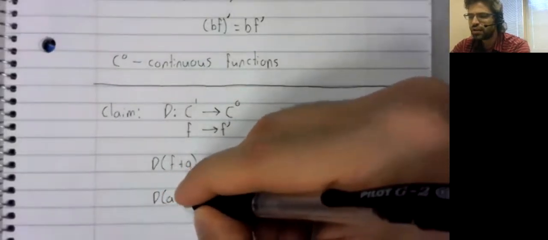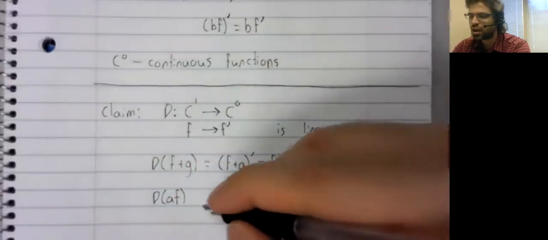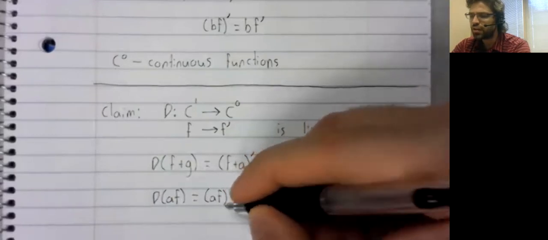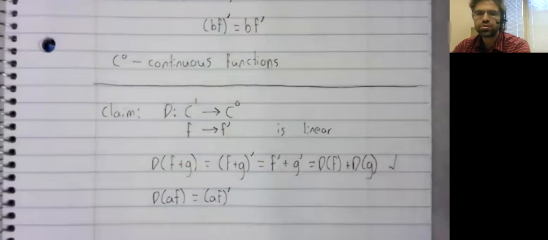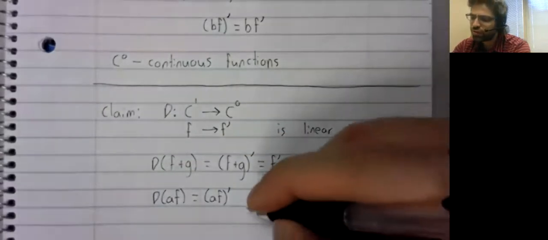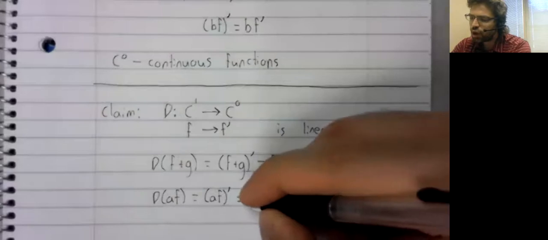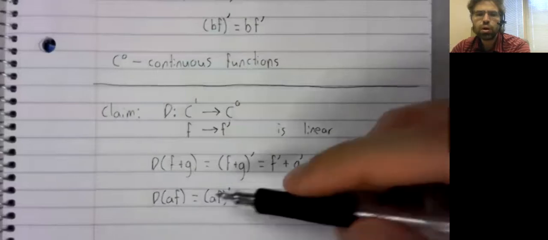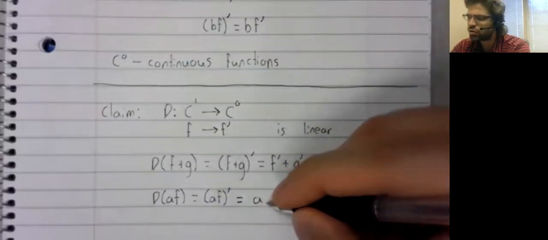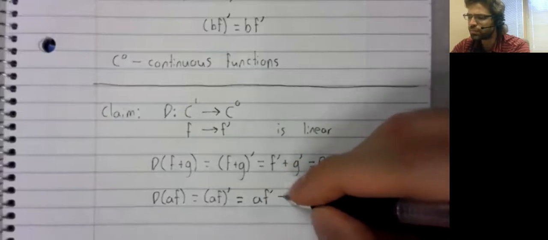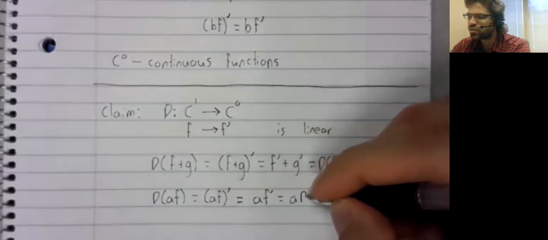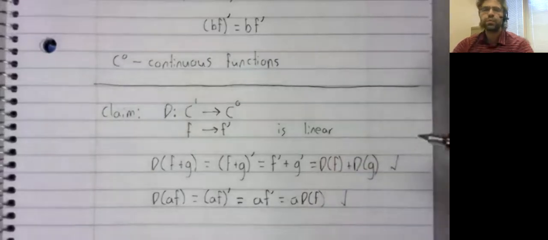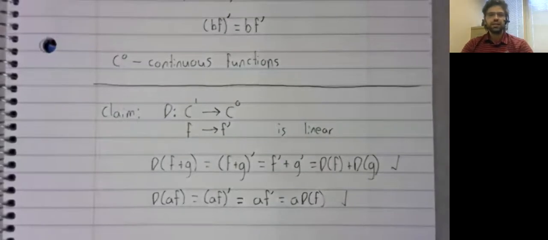And if we apply D to a constant times f, it's the derivative of that constant times f. A property we have for derivatives is that you can pull constants out of them. And that's precisely what we needed.